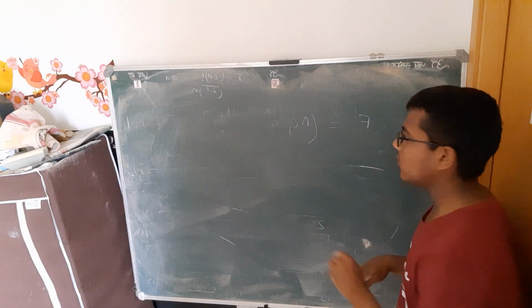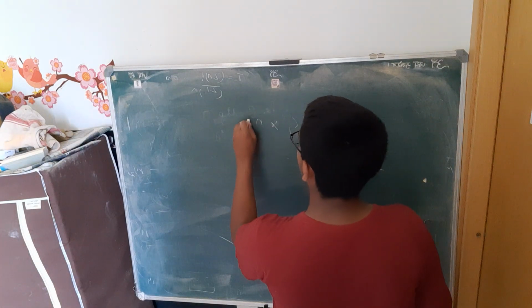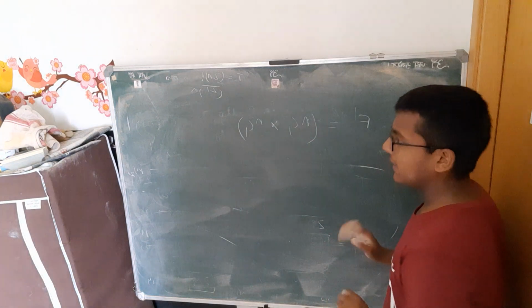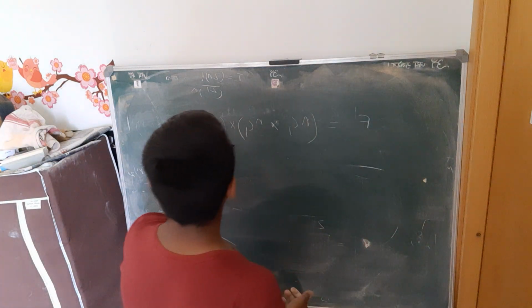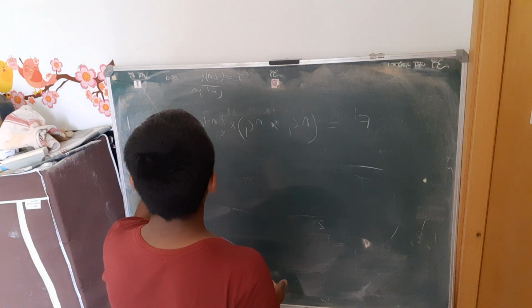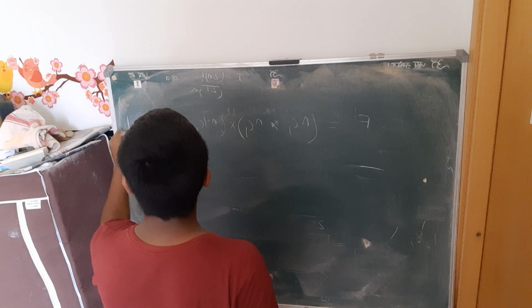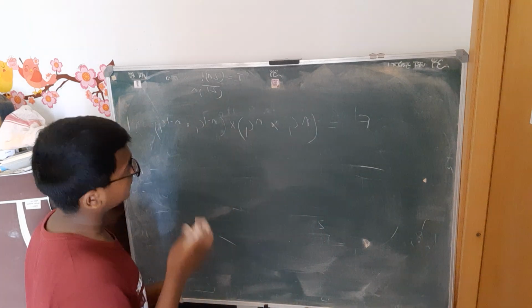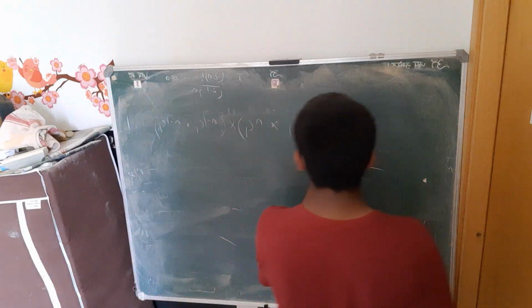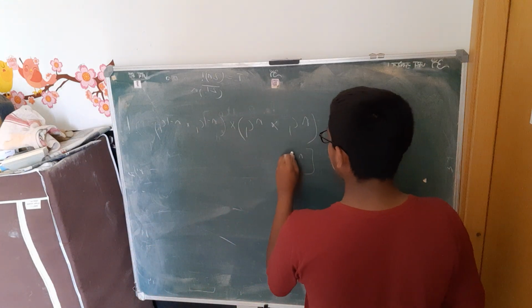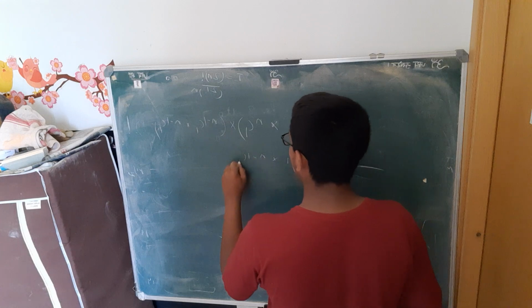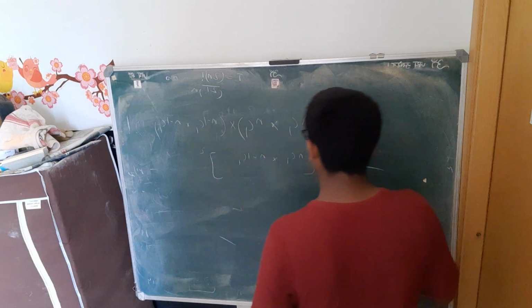Similarly, there are n red balls, out of which you're pulling 1 red ball, so nC1. Because these are favorable. After this you're left with n minus 1 C1 times n minus 1 C1, and then it continues. So we can write this as nC1 into n minus 1 C1 and so on, whole squared.